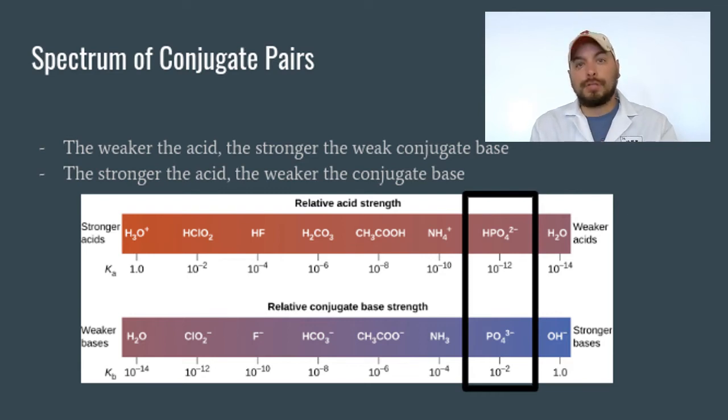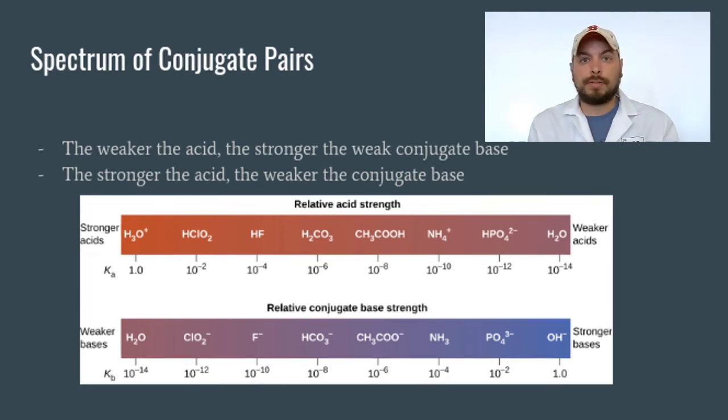So its conjugate, PO4 3-, which, again, we've lost that H+, is one of the stronger weak bases. In a future video, we're going to put numbers to this, but right now you need to just understand the concept that a stronger weak acid creates a weaker conjugate base, and a stronger weak base creates a weaker conjugate acid.